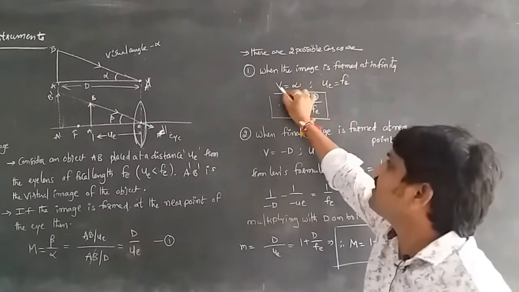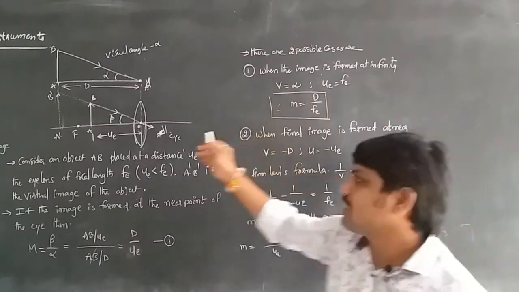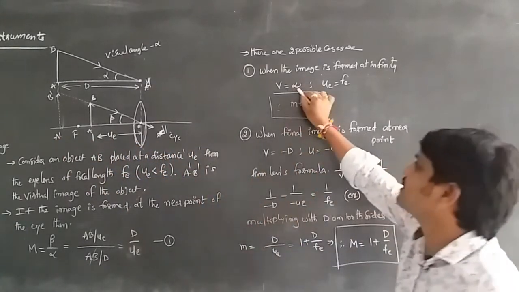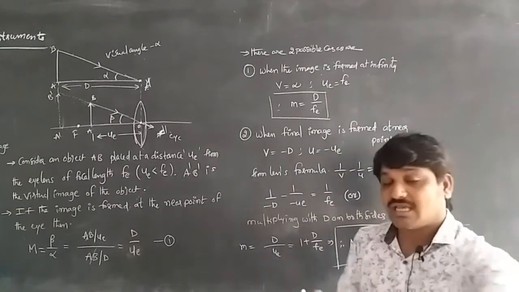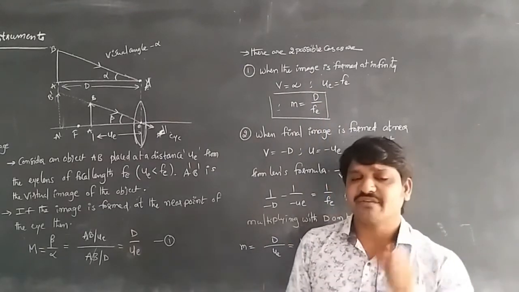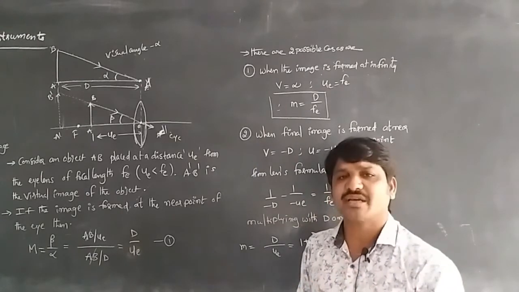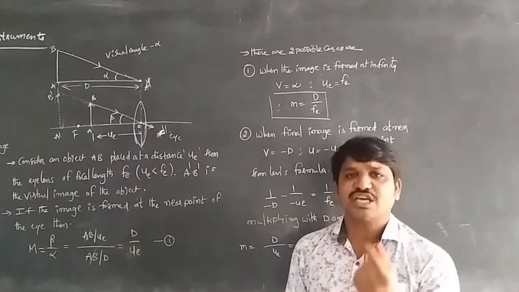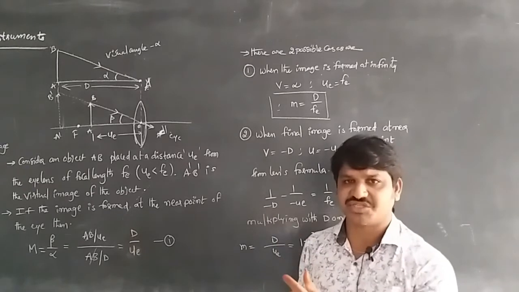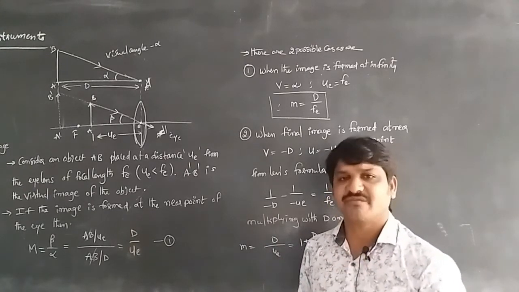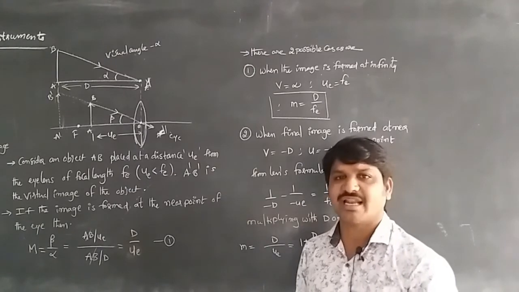If the image is formed at infinity, then the distance V is equal to infinity. This happens when the object is placed at the principal focus. In earlier videos we discussed the formation of images due to refraction by the lens.